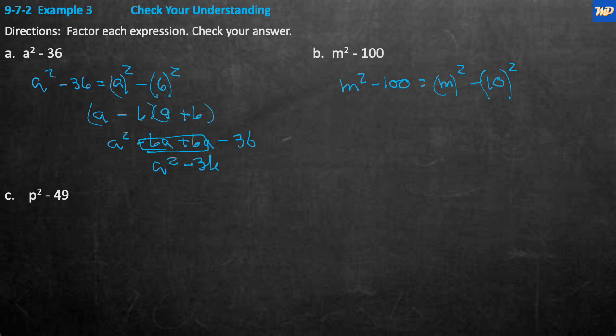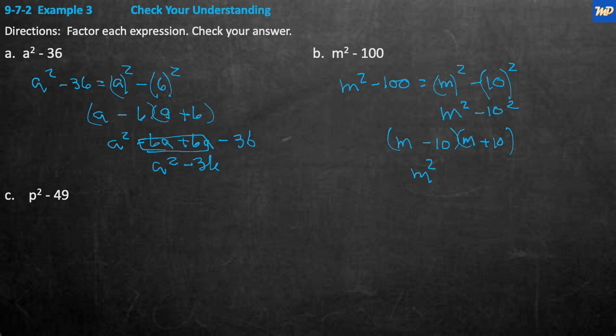Okay, so from here I can say the quantities m and an m, negative 10 and a positive 10. That's the solution. To check it, I'm going to say m times m is m squared.